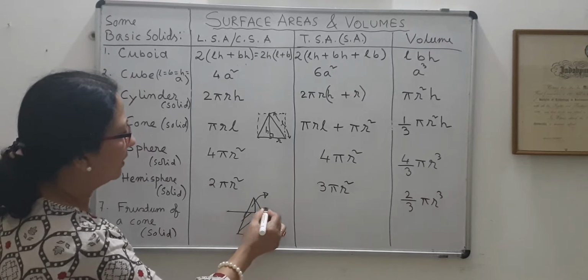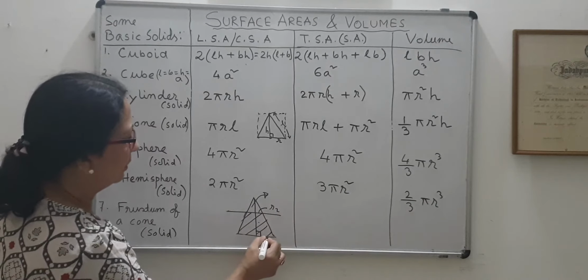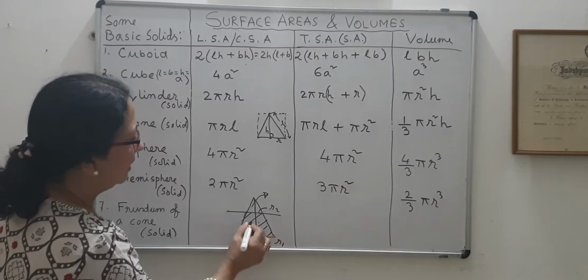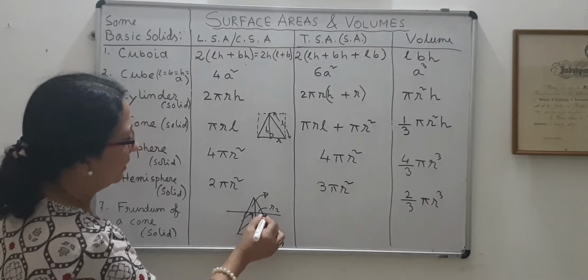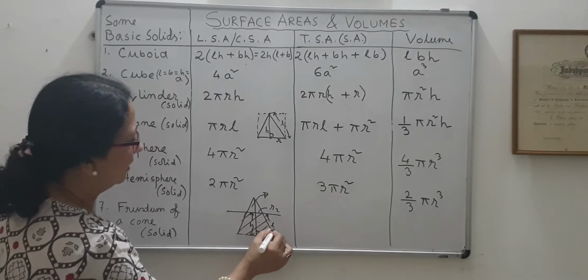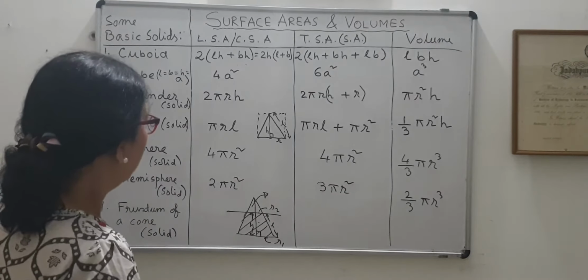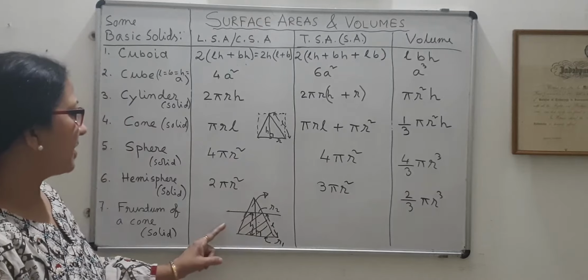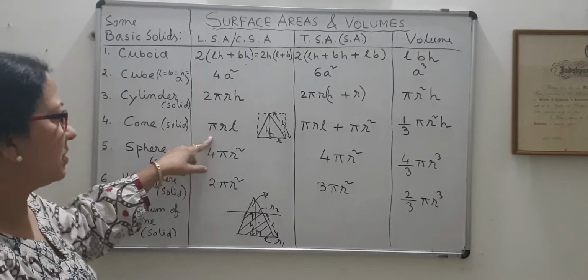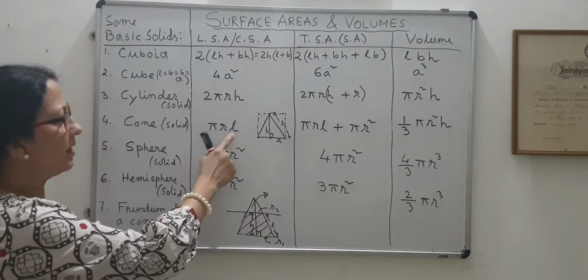So if the top radius is say R2 and the bottom circle radius is say R1, and if this height is H, and this is your slant height L, then we can write down the formula. The formula for this frustum will be similar to the cone because it is cut out of a cone. So it is pi RL.